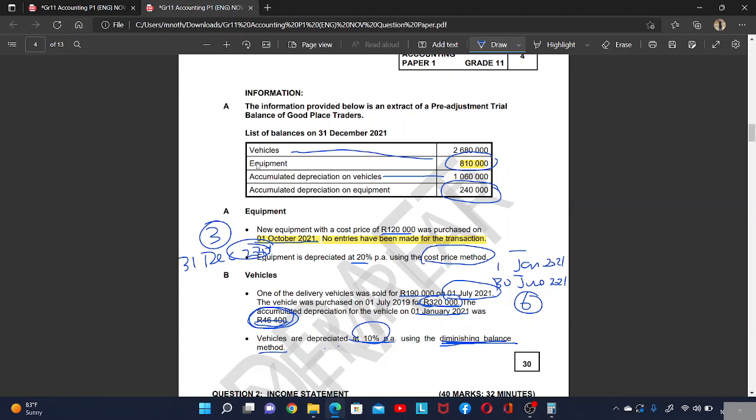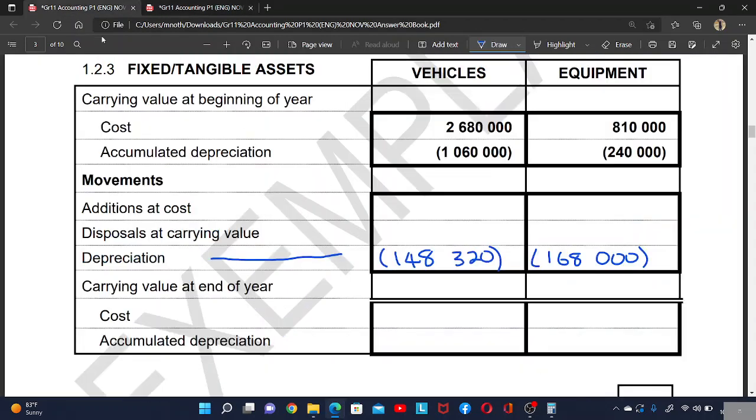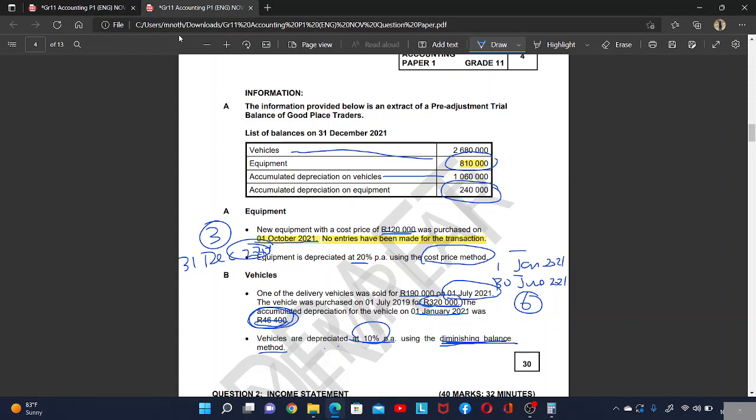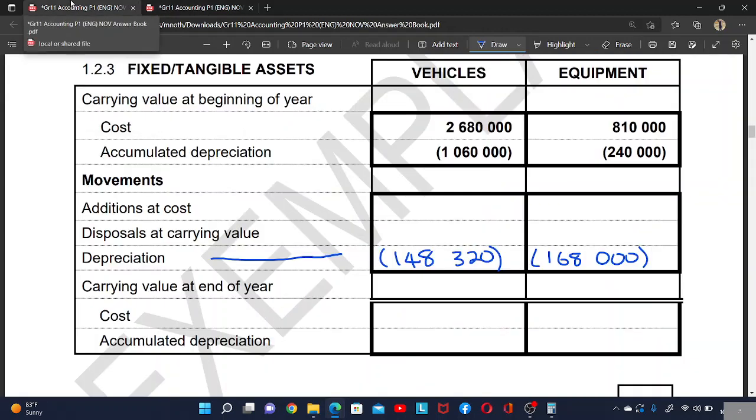So we are told that new equipment with the cost price of 120,000 was purchased on 1 October 2021, meaning that now we have an additional equipment of 120,000.